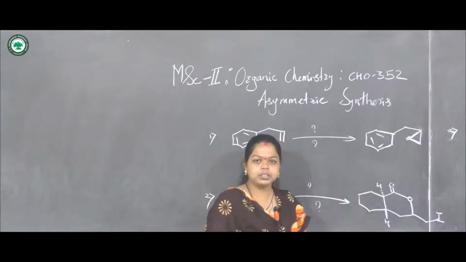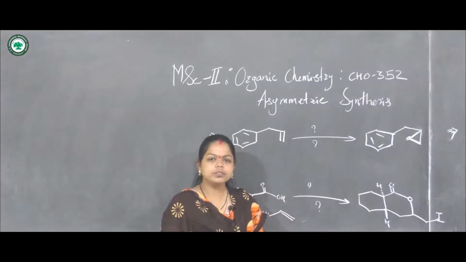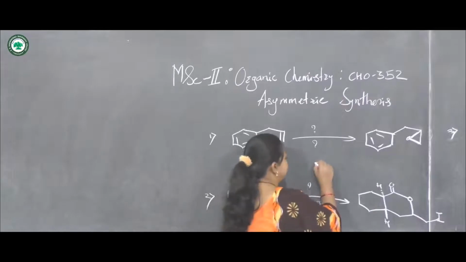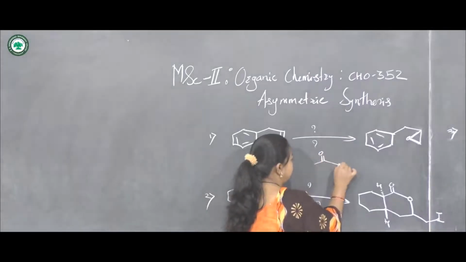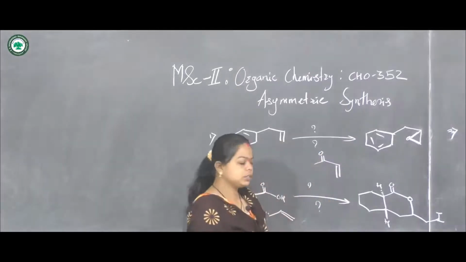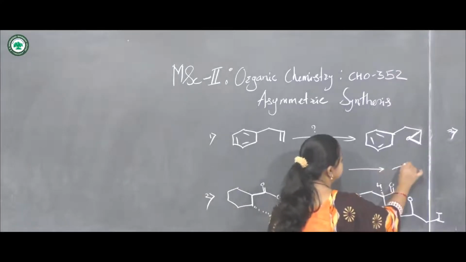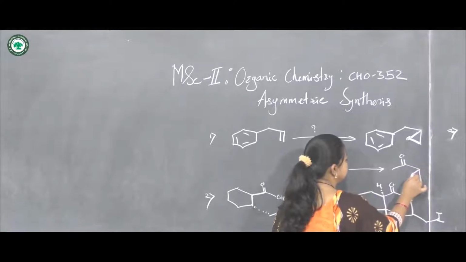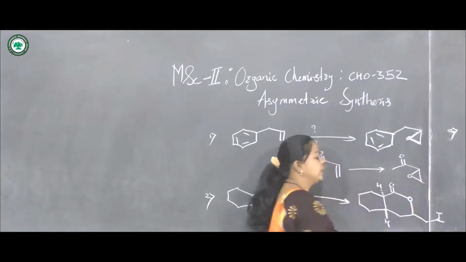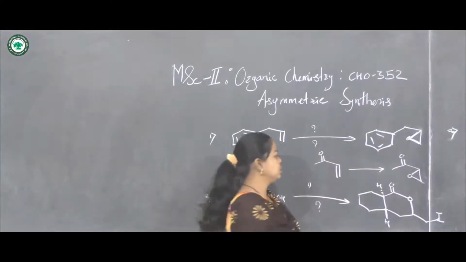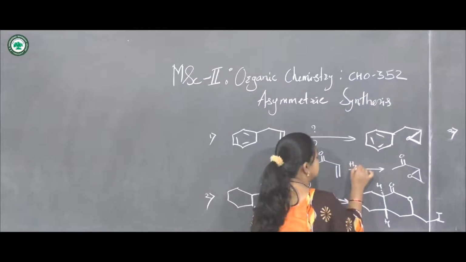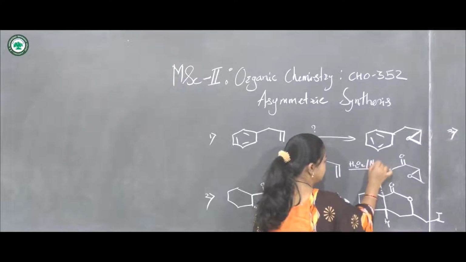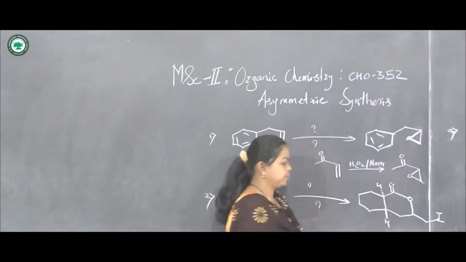Here for epoxidation, if the double bond is an alpha beta unsaturated double bond, if the carbonyl group is in conjugation with this double bond, and we want to convert it into the corresponding epoxide, then we have to use hydrogen peroxide in basic medium.